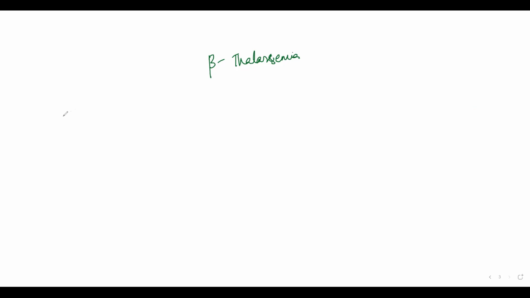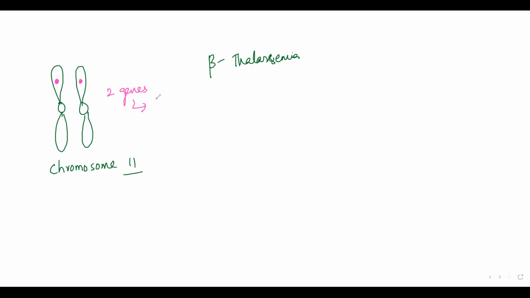There we had two genes on a single chromosome, but here, on chromosome number 11, which is very important now, there is a single gene responsible. Because these are autosomes, we have a pair of autosomes, so a single gene on a single chromosome, but a pair. So we have two genes responsible for the production of the beta globin chain.